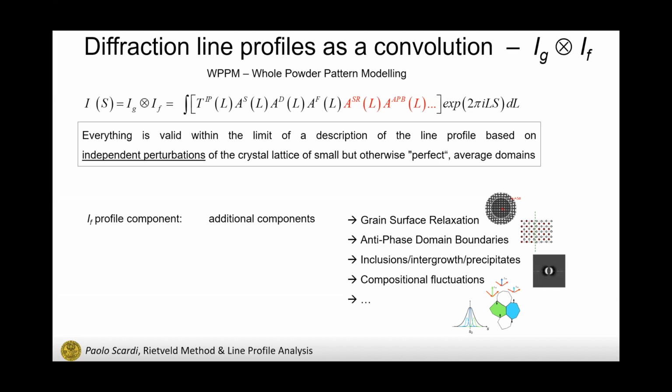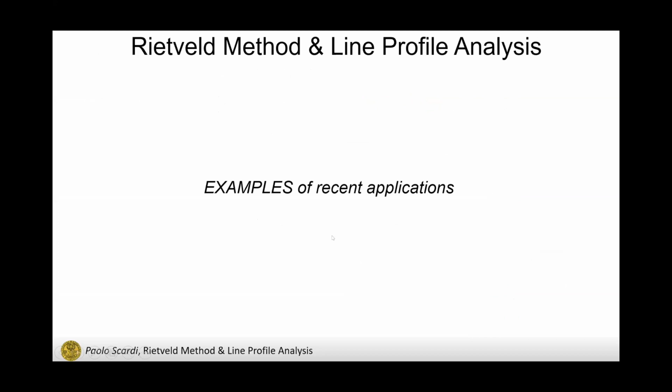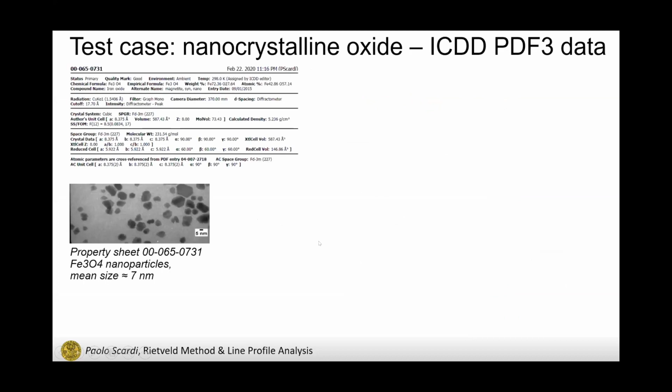Okay, now it's time to see some applications. So some examples. You can find really plenty of them in the papers. You can Google and find, or you ask me if you are interested. The first case I like to show you uses publicly available data. That was also why I like it.